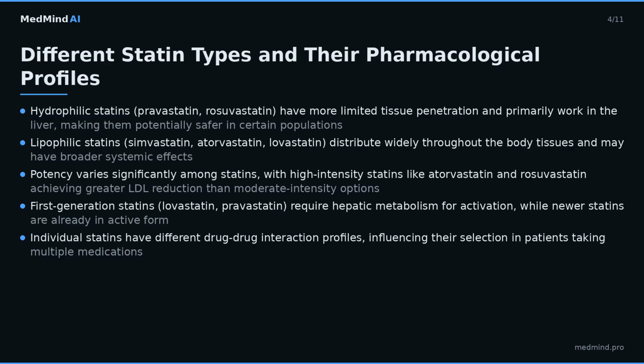Potency varies significantly among statins, with high-intensity statins like atorvastatin and rosuvastatin achieving greater LDL reduction than moderate-intensity options. First-generation statins, lovastatin and simvastatin, require hepatic metabolism for activation, while newer statins are already in active form.